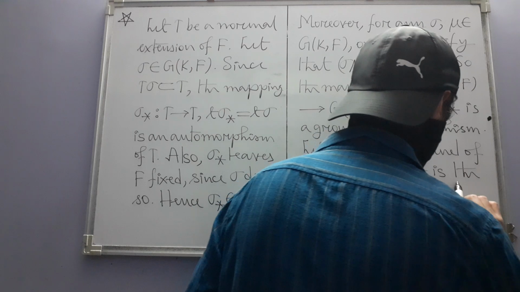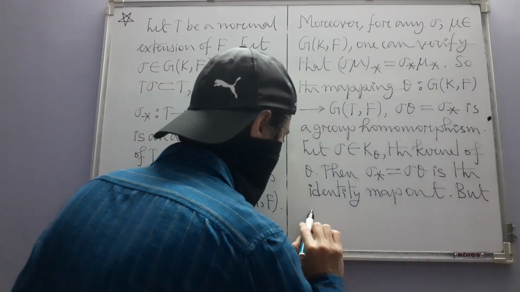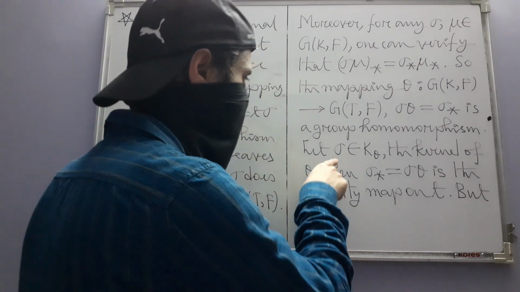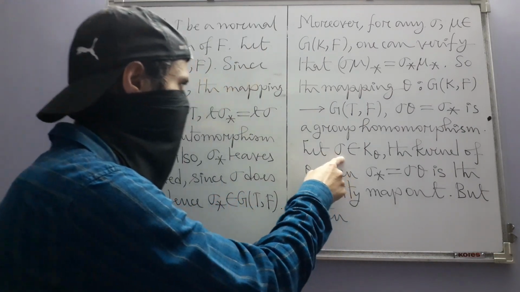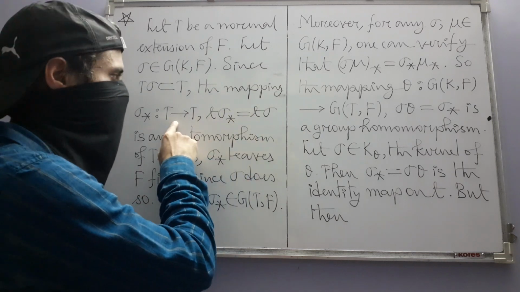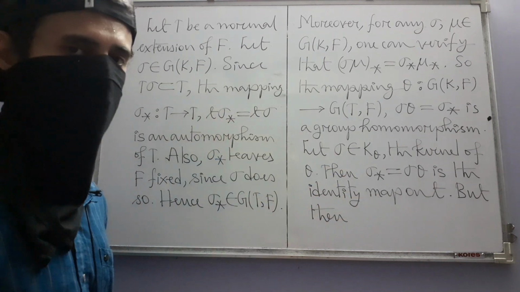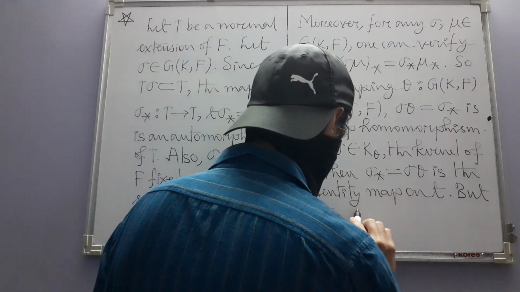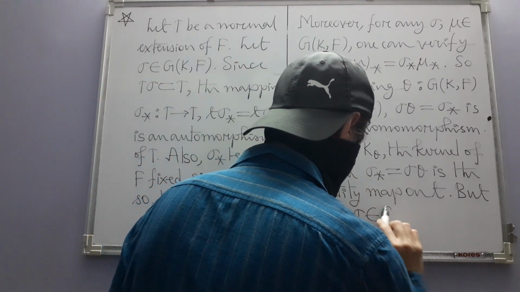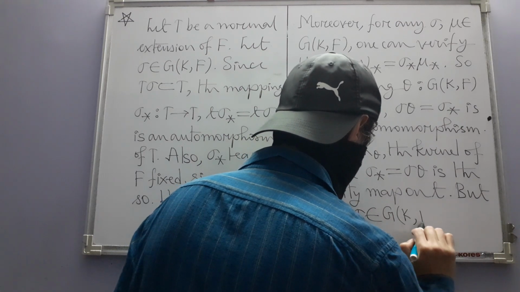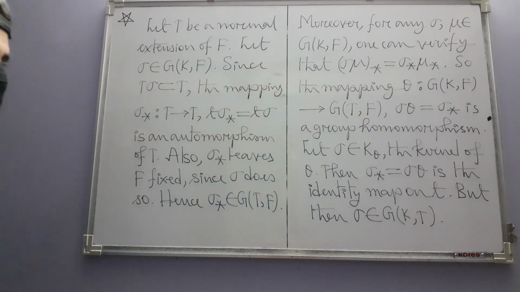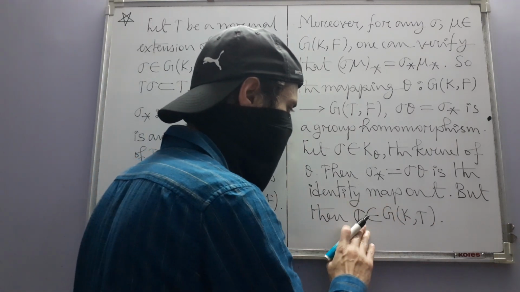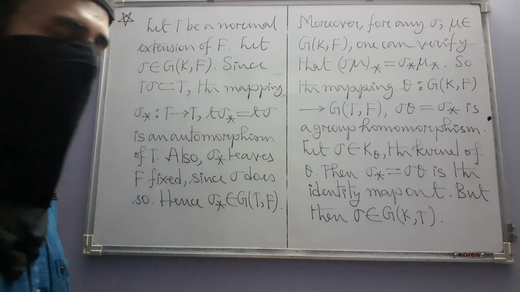But then, what does that mean? It means that when we apply sigma on the elements of T, capital T, nothing changes. And that is why sigma has to belong to this group G(K, T), because originally sigma is an automorphism of K, but now it leaves capital T fixed.